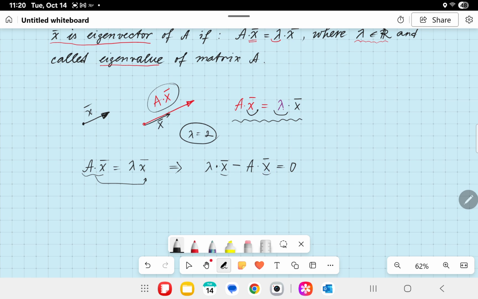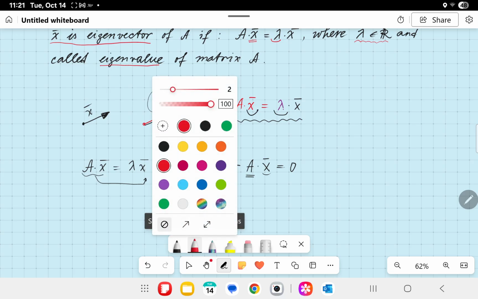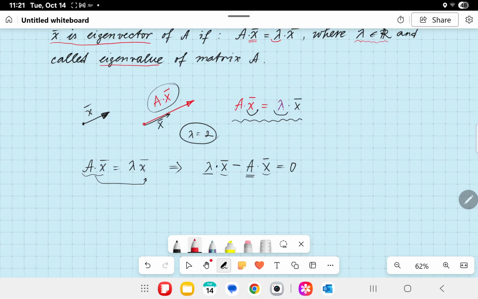The only bad thing which is not allowing us to do this is that if we take x from my first term, we're going to have just a number. And if we take x from my second term, we are going to have a matrix. Generally speaking, we cannot subtract a matrix from just a number. So what I'm going to do is turn this number into a matrix by inserting an identity matrix over here.